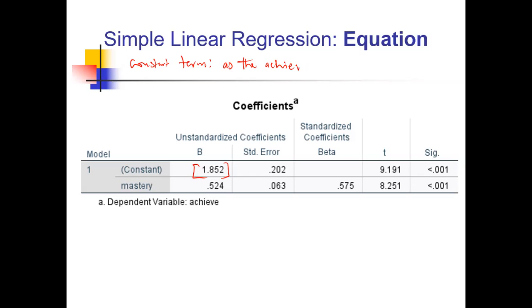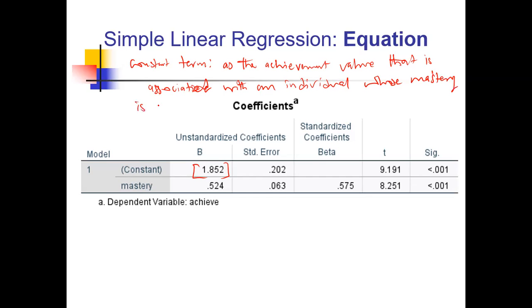So we interpret the constant here as the achievement value that is associated with an individual whose mastery is 0. And again, these are all my expressions. You can write it in your own words, but the key things must be captured.